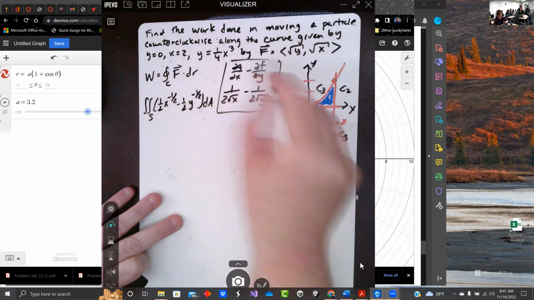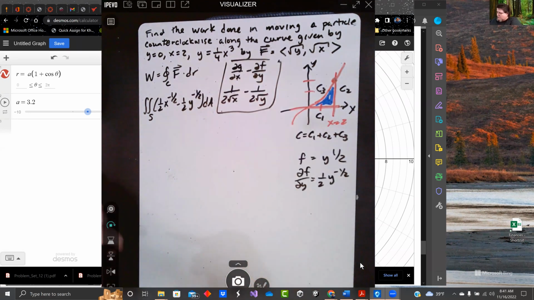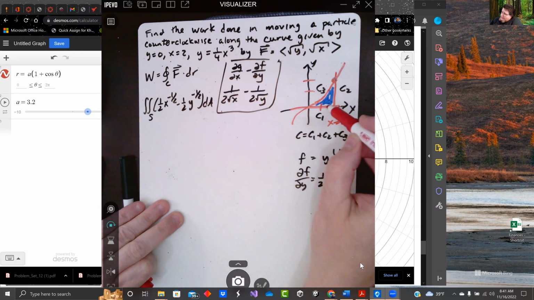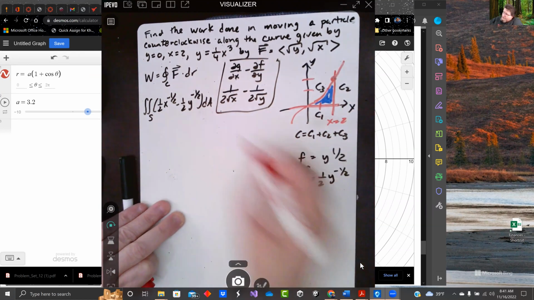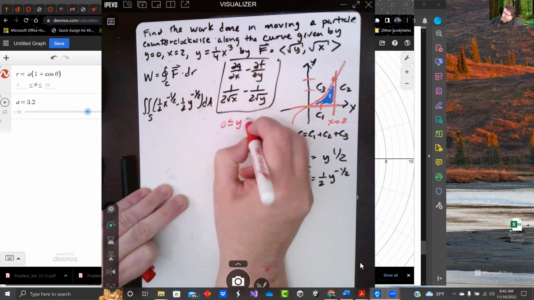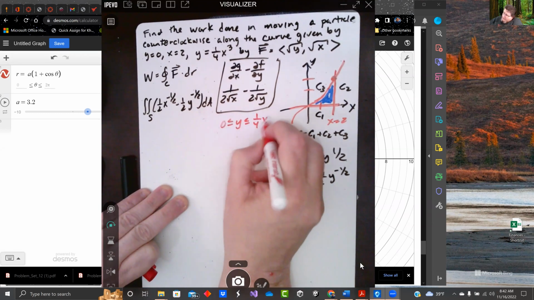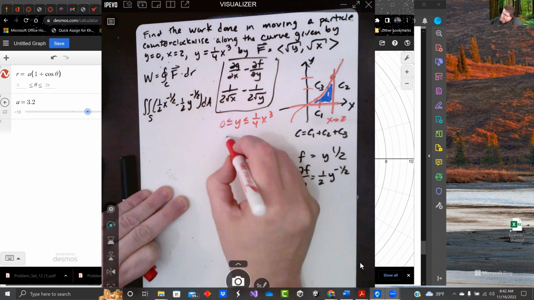All right, so what are we going to use for dA? I think going from y equals 0 up to, if we do 0 is less than y is less than 1/4 x cubed, and then x is between 0 and 2.